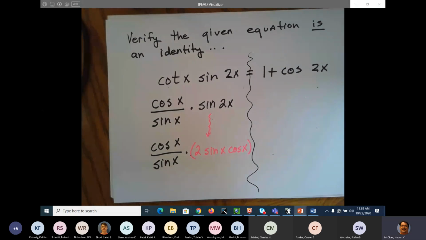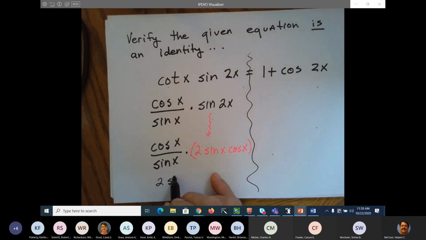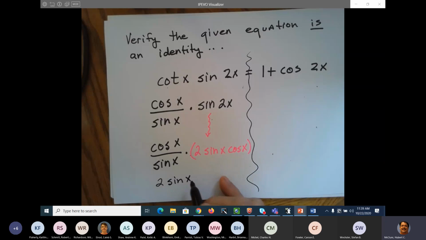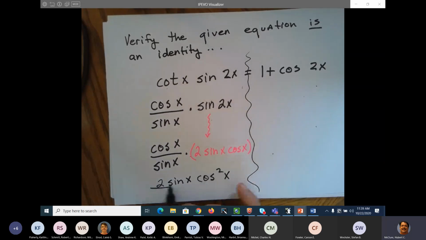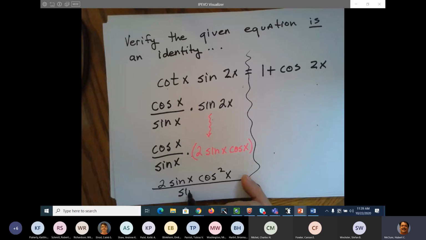And now I put all this together, and that's going to give me 2 times the sine of x times cosine squared of x over sine of x.